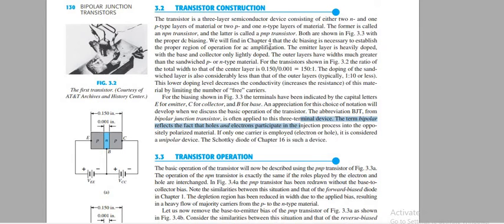Just to make it easier, two N layers are separated by a P layer, or two P layers are separated by an N layer. So we can say PNP type of transistors or NPN type of transistors.